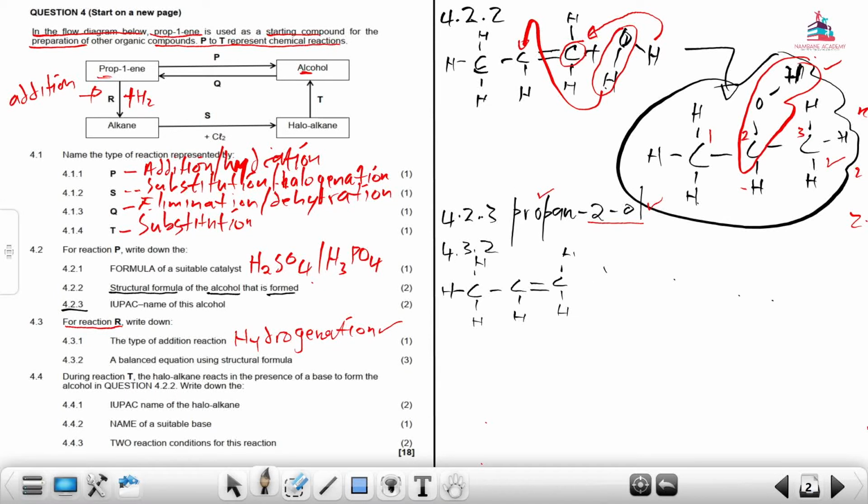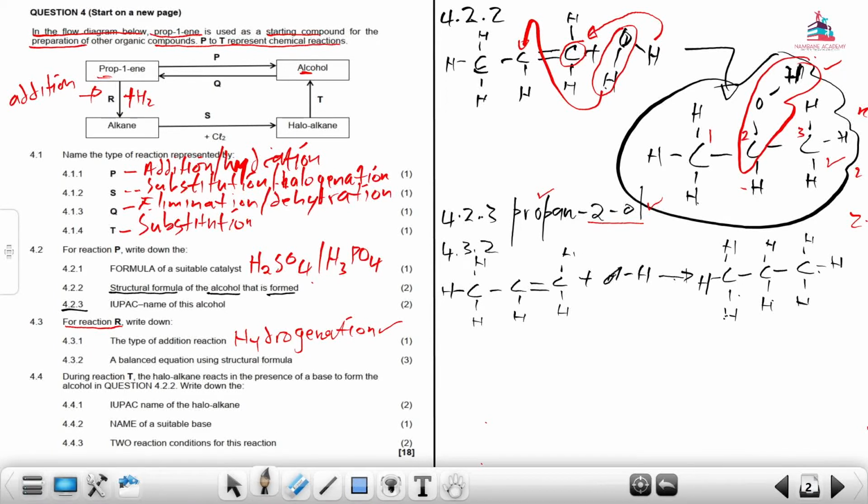What am I adding? I am adding hydrogen, H-H. Remember, they said structural formulae. Then my product here will be 1, 2, 3, with the added hydrogens, so all carbons have their hydrogens.